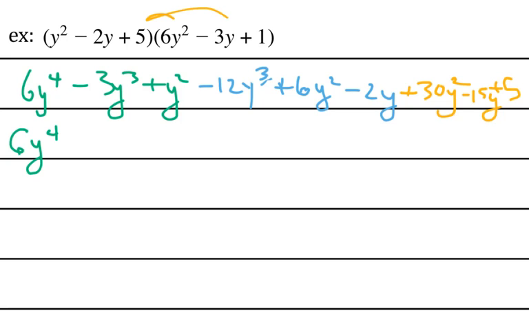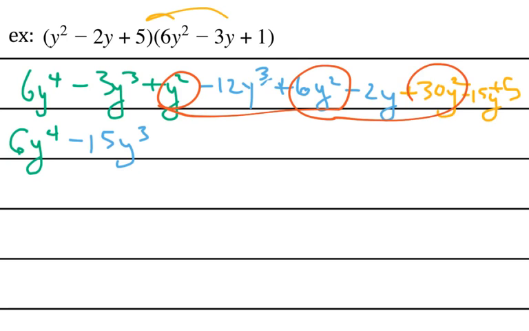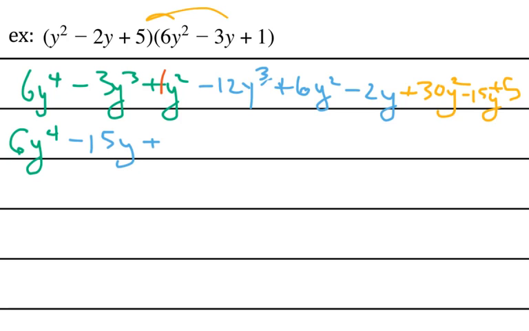Okay, so here we got minus 3y cubed, minus 12y cubed, so I'm going to write minus 15y cubed here. Sorry about that, folks. Now I look for the y squared terms. I see a y squared, 6y squared, 30y squared. Now I'm kind of lucky. These all ended up being positive, so I'll just combine them all in one go. So that would be 1, and 6 is 7, and 30 gives me 37y.